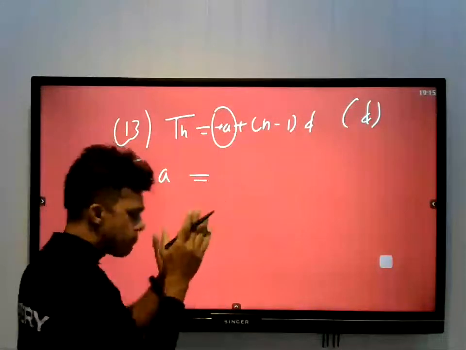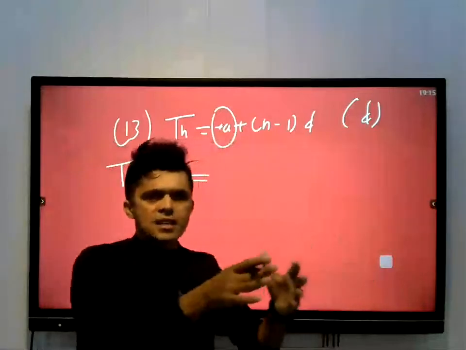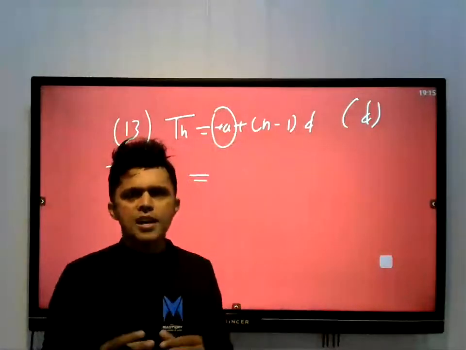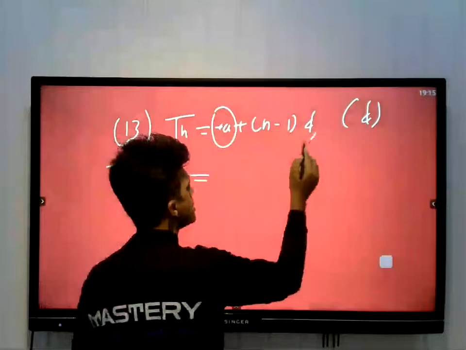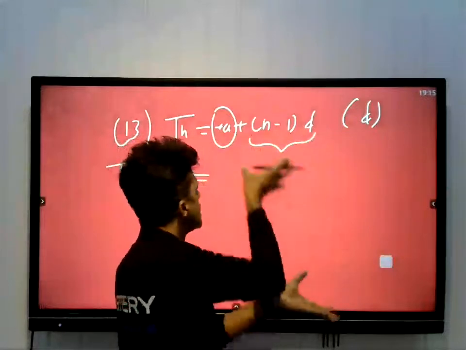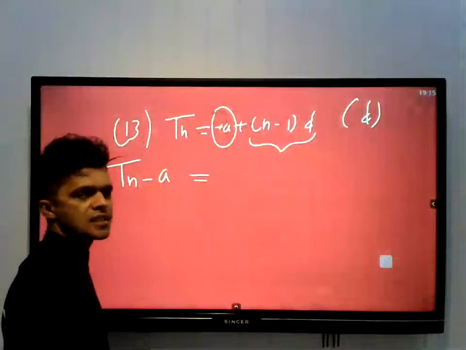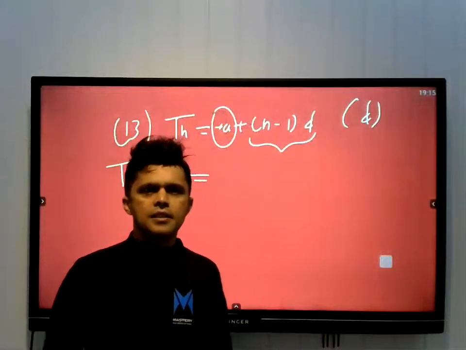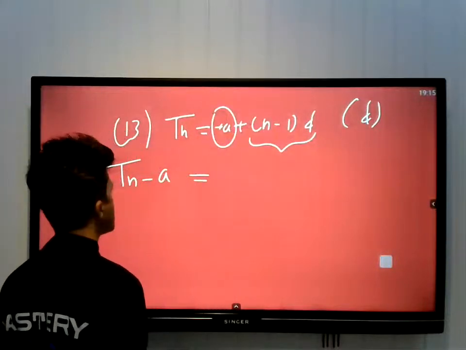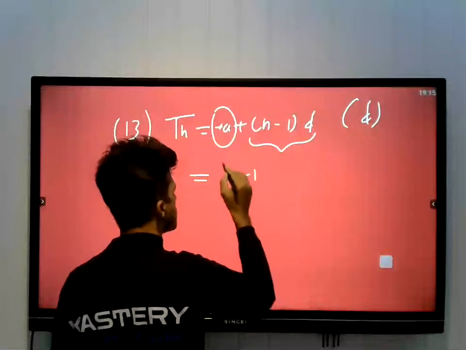You need to keep aside the term that you need to write as the subject, which means this part should be kept on this side, and the other terms are taken to the other side. So Tn minus a equals n minus 1 times d.